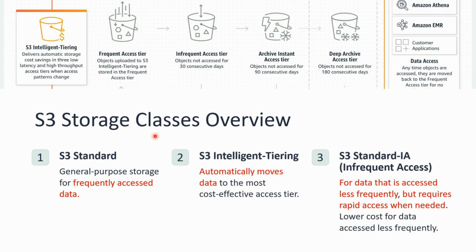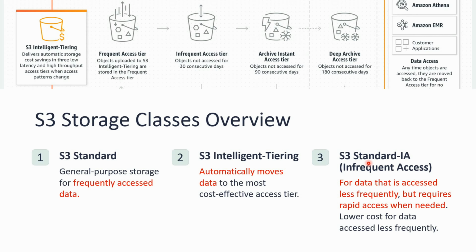S3 storage classes overview. First one is S3 Standard, which is general purpose storage for frequently accessed data. Next one is S3 Intelligent-Tiering, which automatically moves data to the most cost effective access tier.